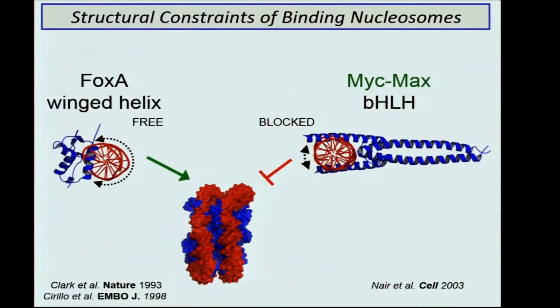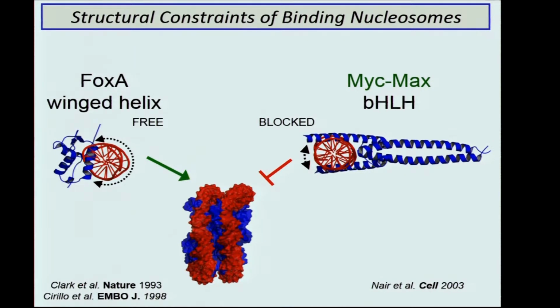So why is binding nucleosomes so important? Well, pioneer factors, exemplified by FOXA, are a special kind of transcription factor because they have a DNA binding domain that is very similar to linker histone.